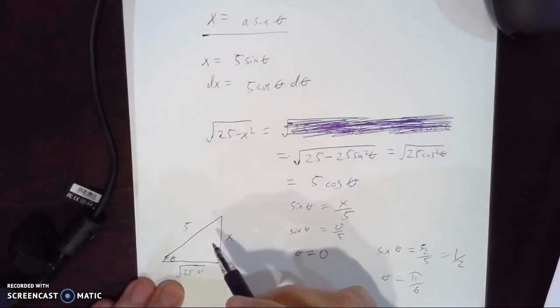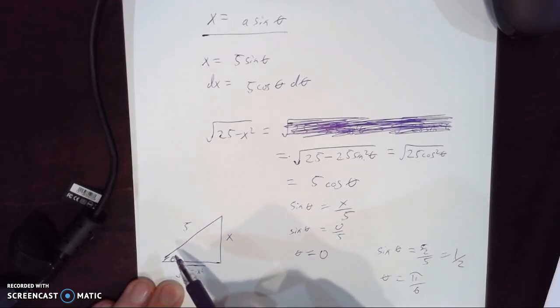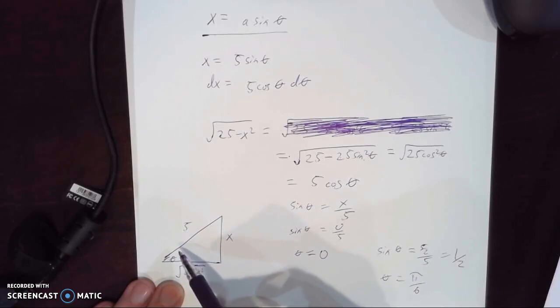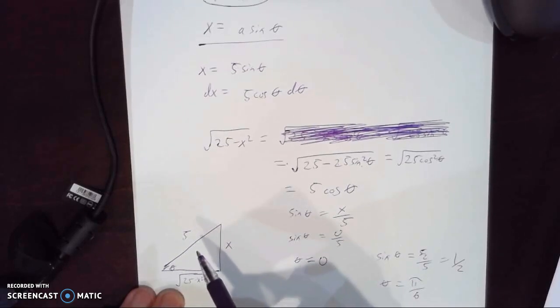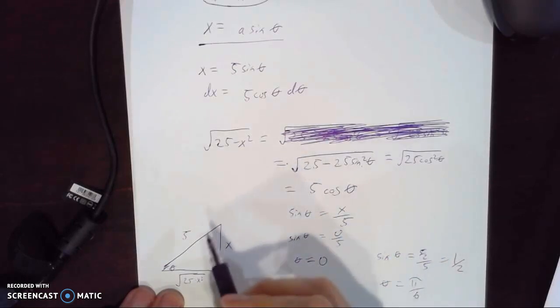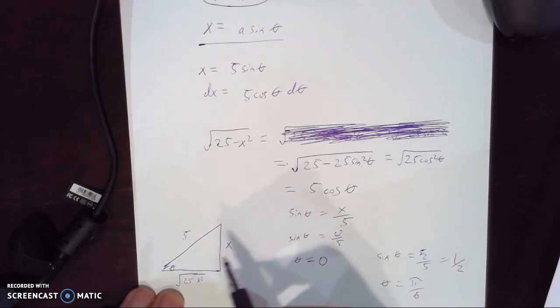The other thing that you might have seen on the paper here is a little triangle that represents the substitution that we did. So we made 5 sine of theta our x, which means that sine of theta is x over 5. You can see that here.